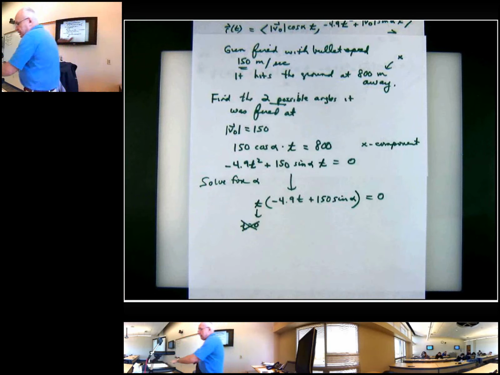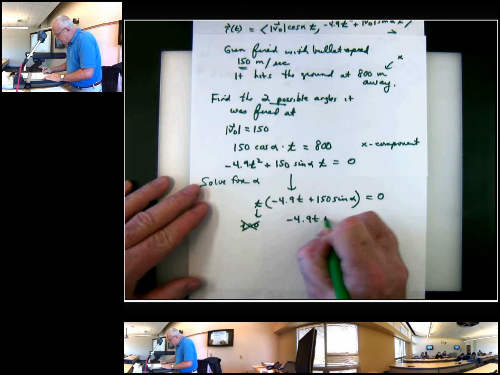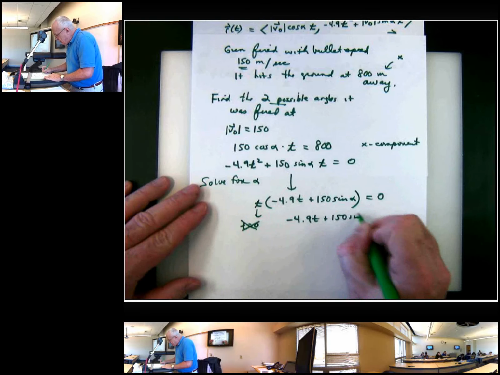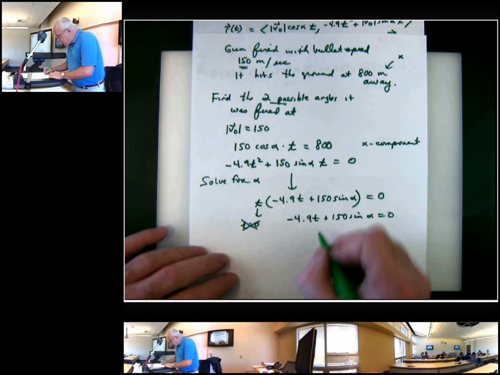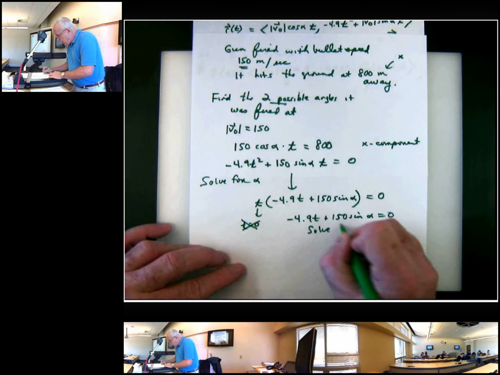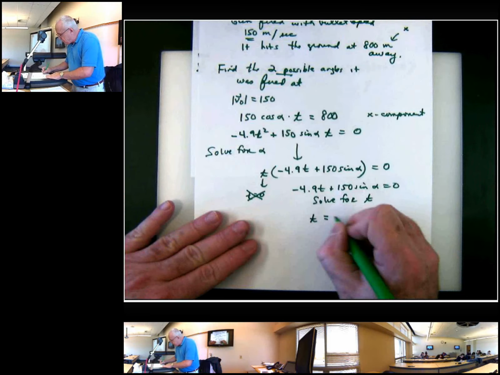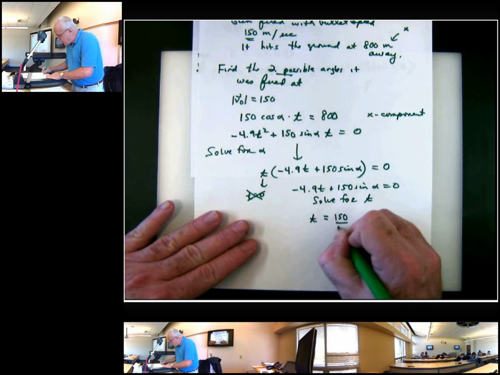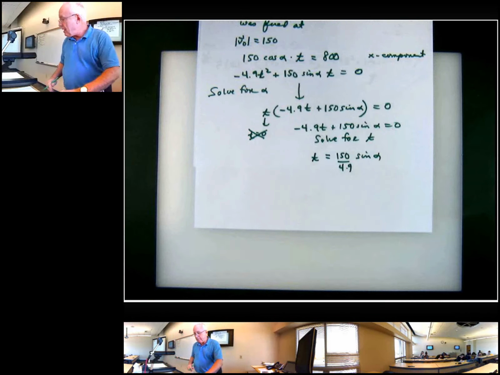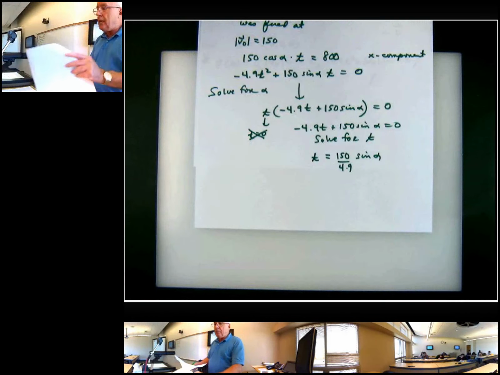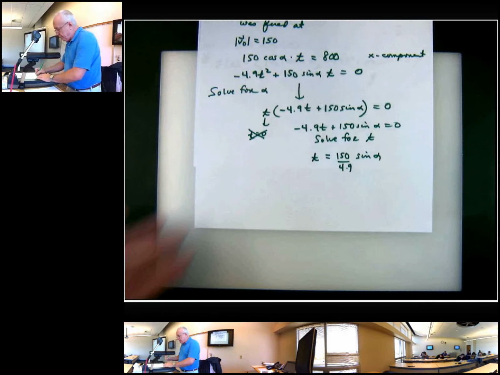What we are interested in is the second one. We set minus 4.9t plus 150 sine of alpha equal to 0 and solve for t. What we get is that t is equal to 150 over 4.9 times the sine of alpha. Now we're going to take that value of t and go back to our first equation up here and plug it in.